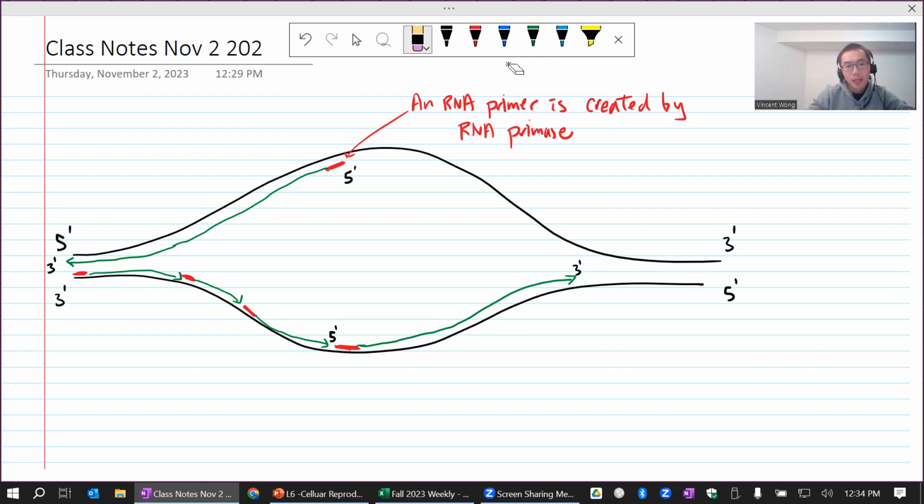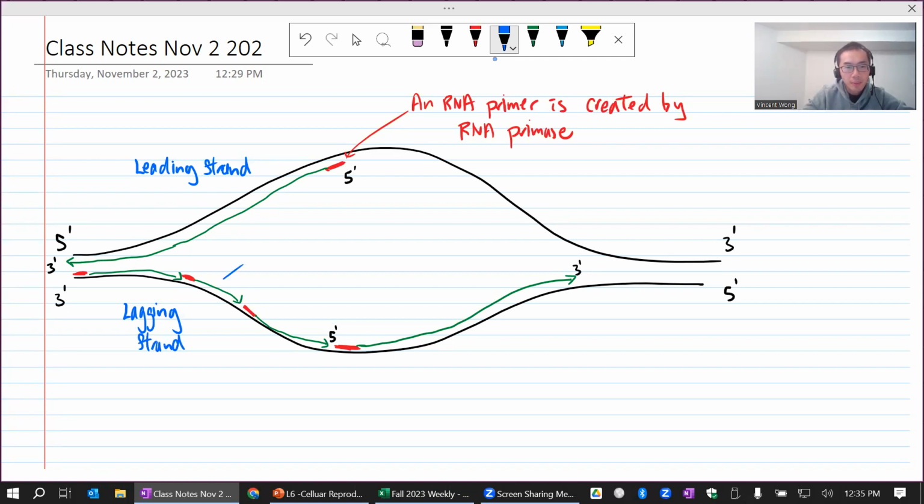So this strand is being built continuously with no breaks. That's why this is called the leading strand. On the other side, you're building it in fragments, and we call it the lagging strand.